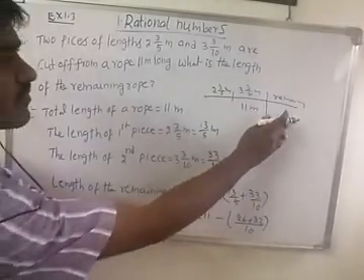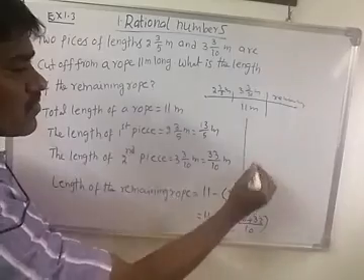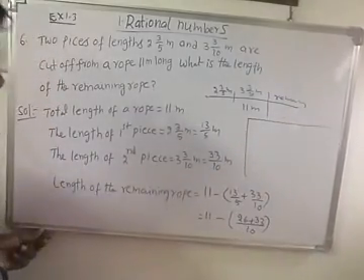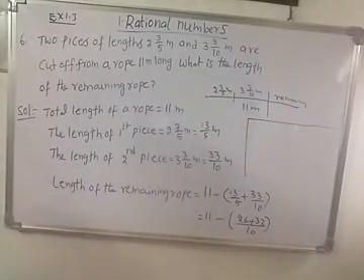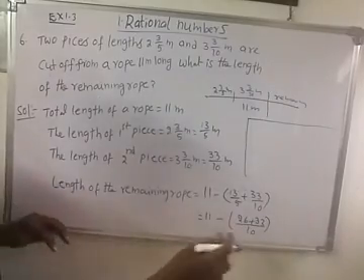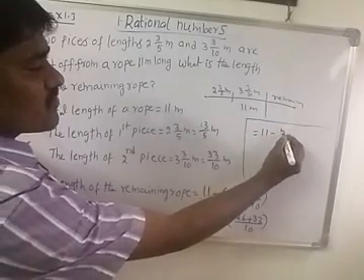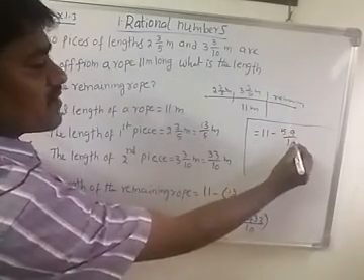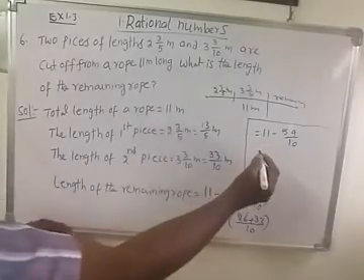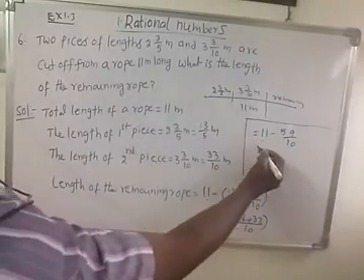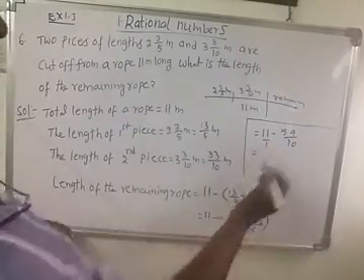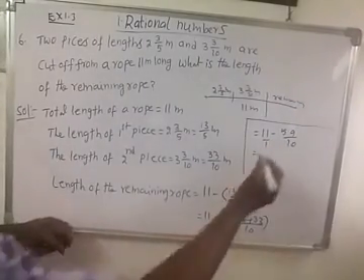Now 26 plus 33 is how much? 26 plus 33 is 59. That is equal to 11 minus 59 by 10. Now here we will take the denominator as 1.